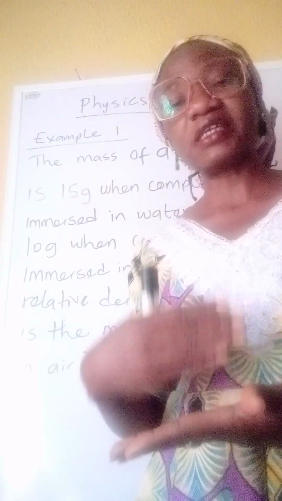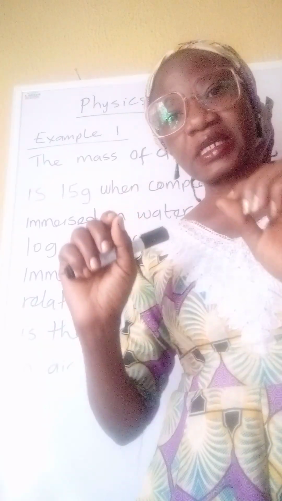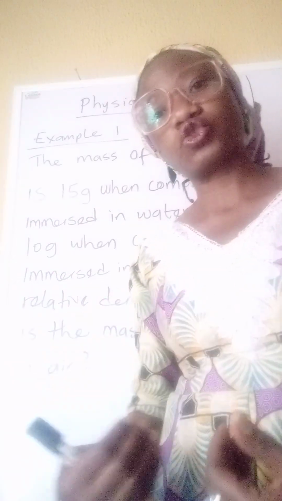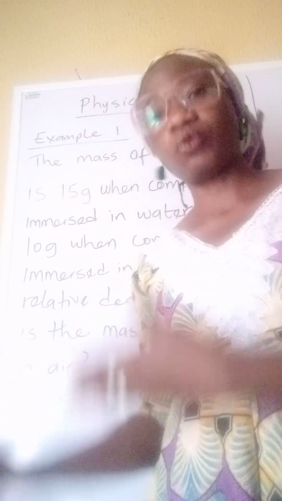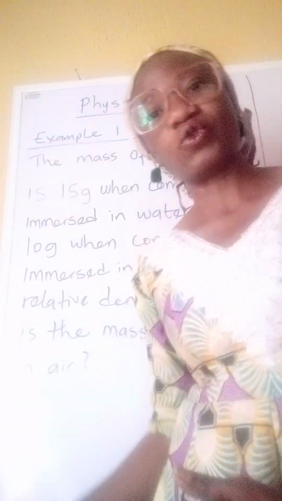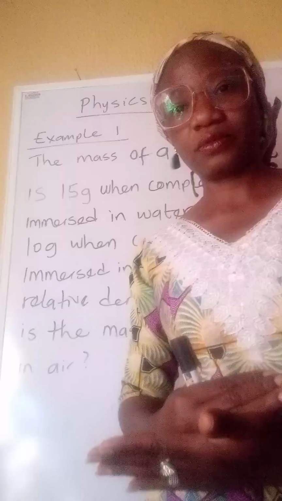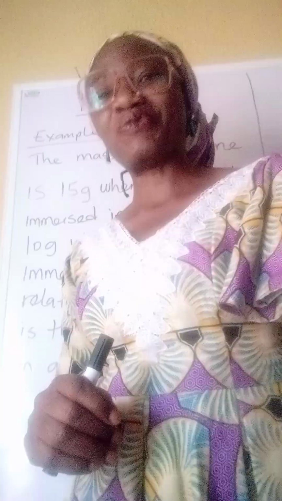So the formula is going to be the upthrust in the liquid all over the upthrust in water. Of course, it has to be related to water. The ratio is the liquid to water. So the water will always be at the denominator, while the other liquid will be at the numerator. Let's do less of talking and do more of solving.